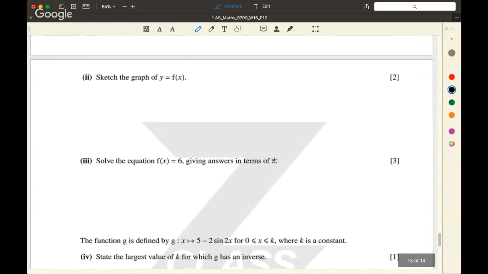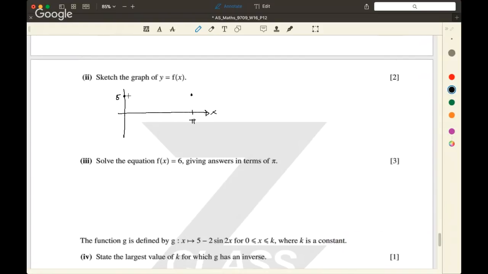So now they want us to sketch the graph. And of course, f of x is a function of x, and x can only go between 0 and pi. And it's going to start at 5 because that's f of 0. And it's going to end at 5.